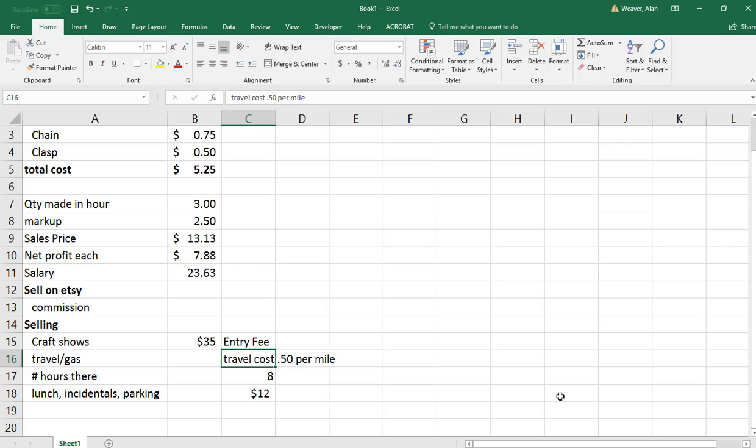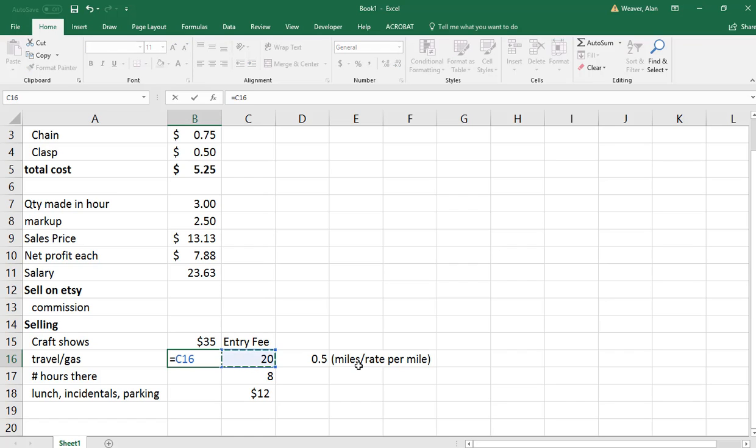So I could have in here the miles, add columns here, so I know what I'm doing. So if it's 20 miles, 50 cents, and I could just say in parentheses, miles rate per mile. So what it is here, equal this times that.